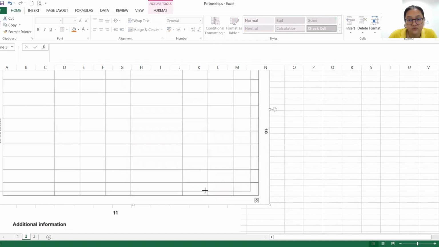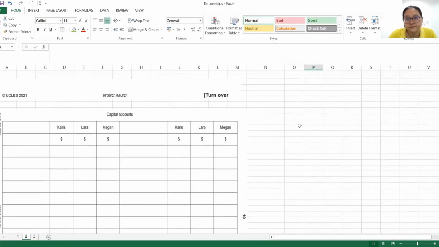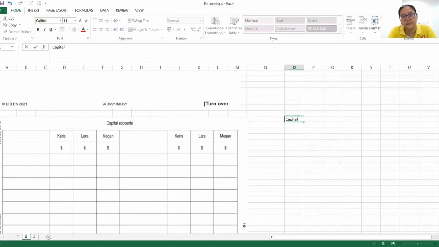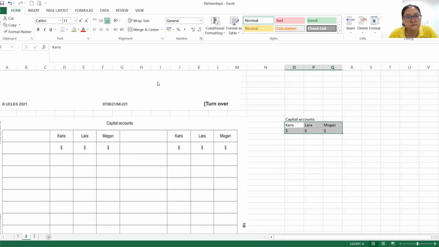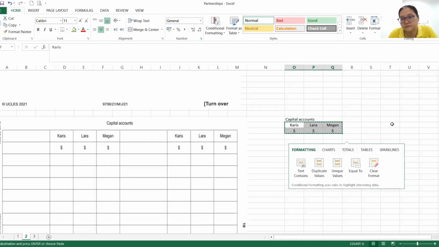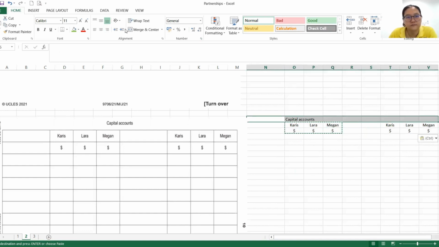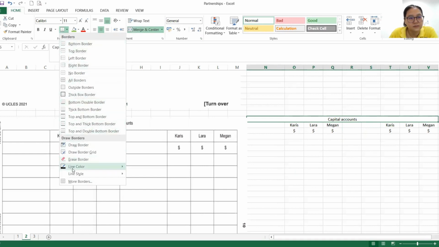So we can use the capital account to find how much it is. Capital: Caris, Lara, Megan, and then the same thing. Next, we put in the color.